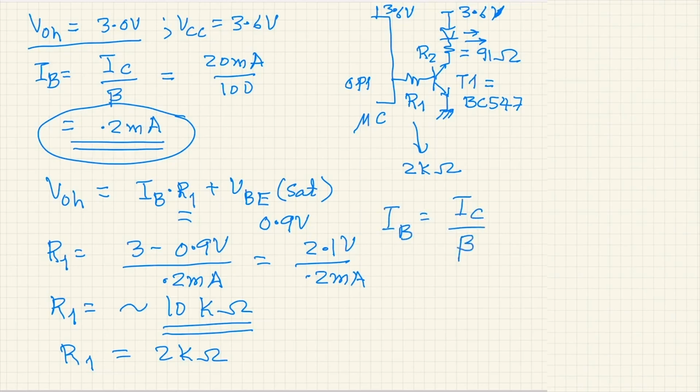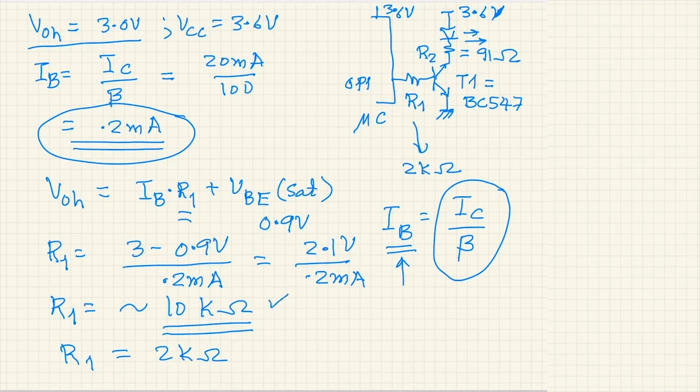If you want to operate the transistor in a switch mode and you want to saturate the transistor, the required base current should be much more than you get by this equation. That is what we saw in this example: the nominal value of base current from this equation leads to a value of resistor R1 of 10 kilo ohm.